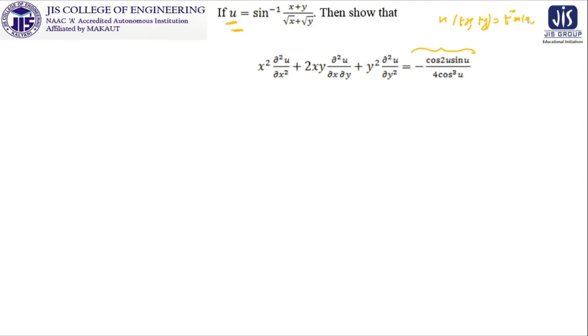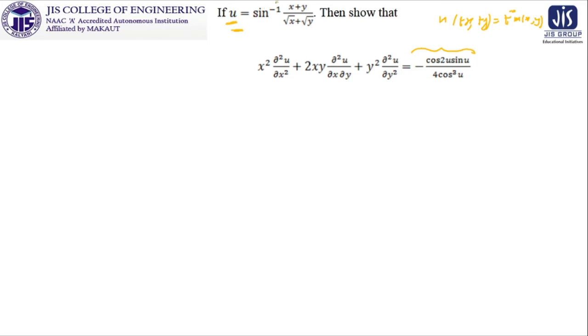But I think it is clear to you that if you put tx, ty in this particular expression, it is not possible for you to bring out that t with some power from sine inverse. It is not possible.